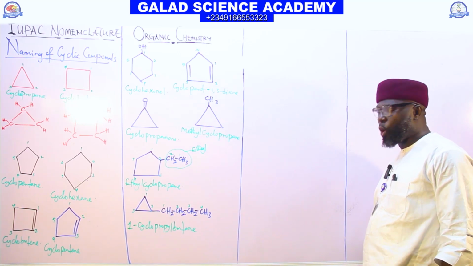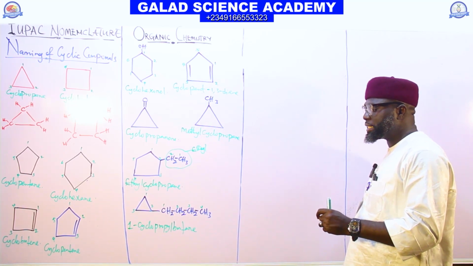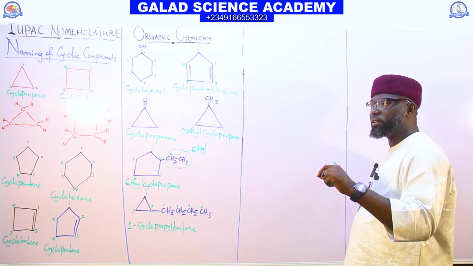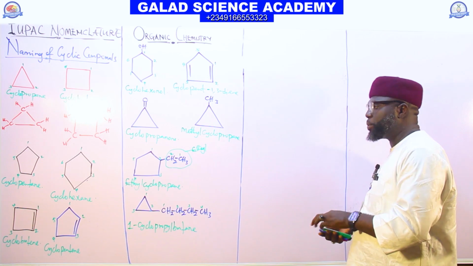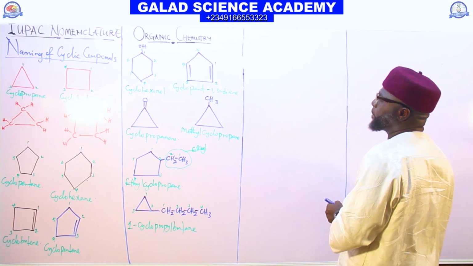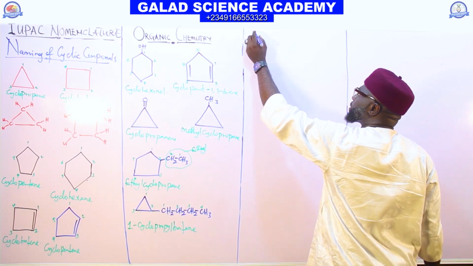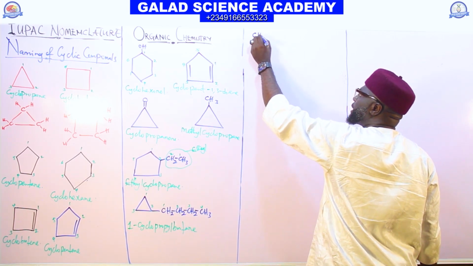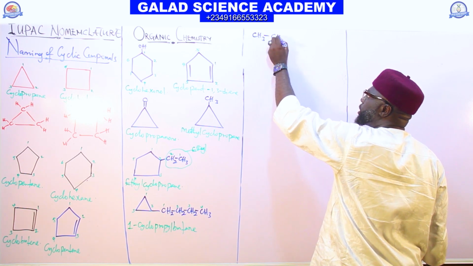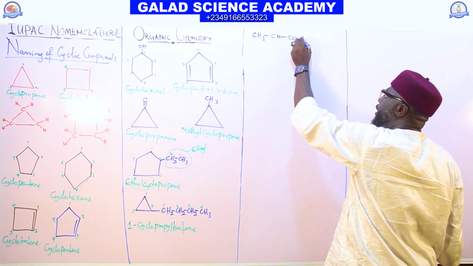And the next one is a cyclic compound that is half. Okay, let me put the example down. Look at this one. We have CH3, CH, COOH.